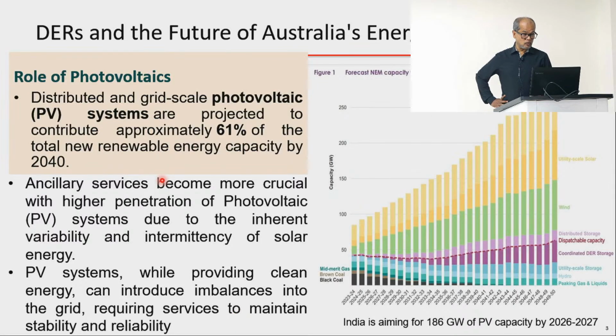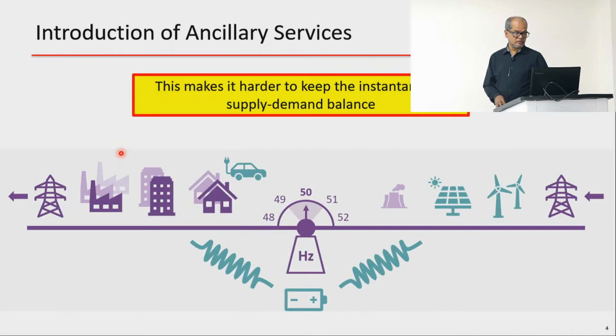And to address that issue, we need to get ancillary service from different inverters and converters that use renewable energy, hydrogen, and also other storage like batteries. They should provide ancillary service to meet that power quality requirement.